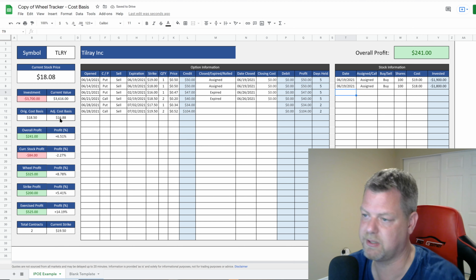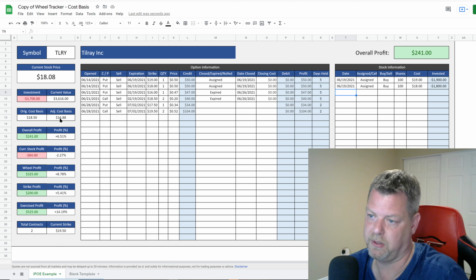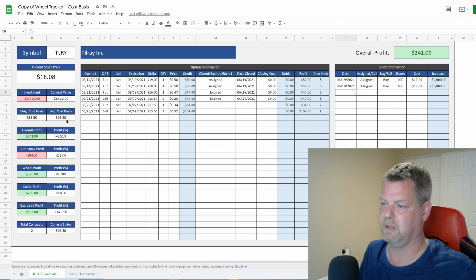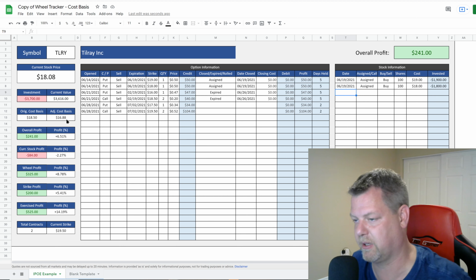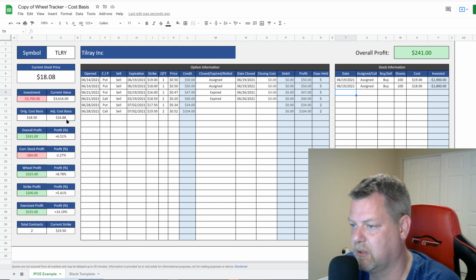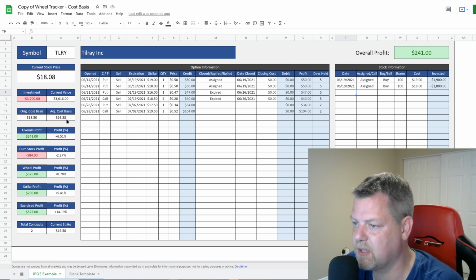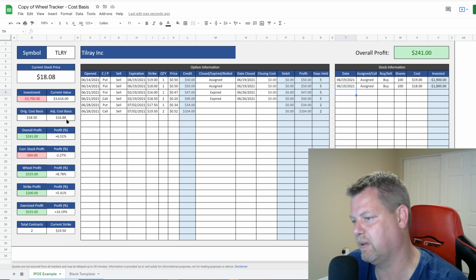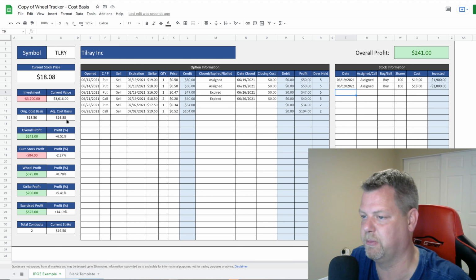Adjusted cost basis, it's kind of funny because you kind of have to pick either profit or adjusted cost basis. So this is all the premium I've collected by selling calls or puts. That's how it's calculated, and basically if you didn't count that as profit, then this would be pretty much what you paid for the share.